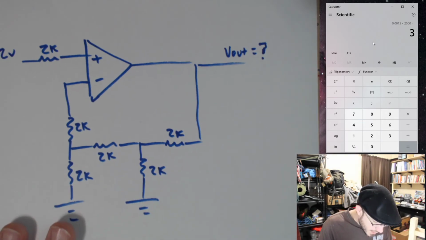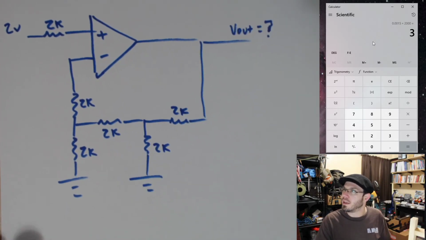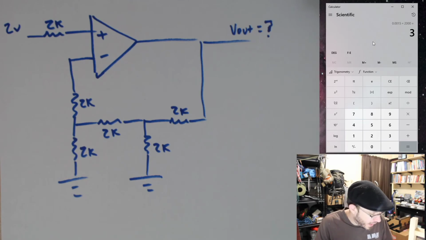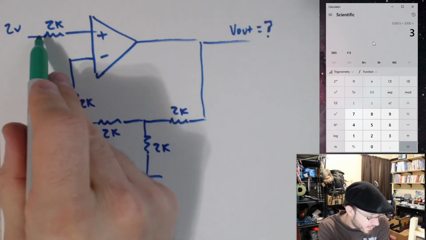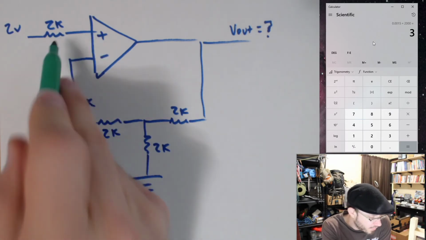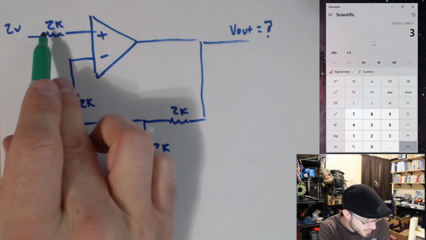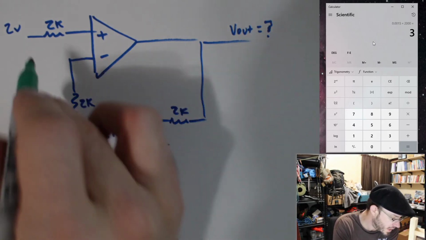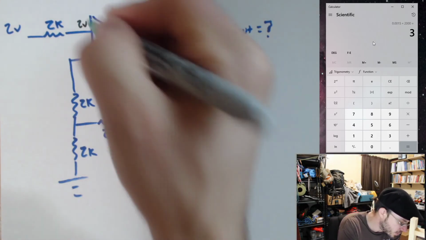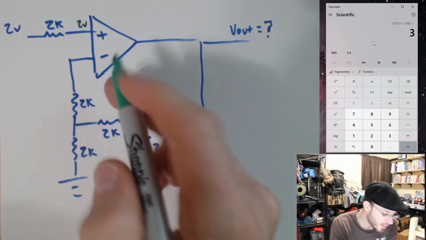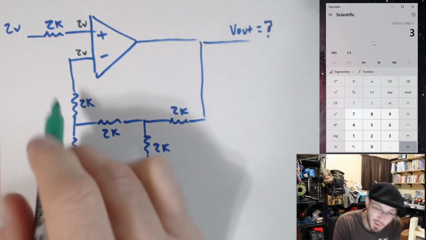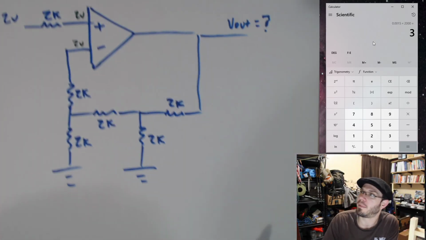Okay, let's go ahead and step through this, analyze the same circuit just a little faster. Okay, over here I have 0 current in or out of the inputs, therefore I have 0 volt dropped across this 2K. If this is 2 volts, then this should be 2 volts by rule number 2 of op-amps.